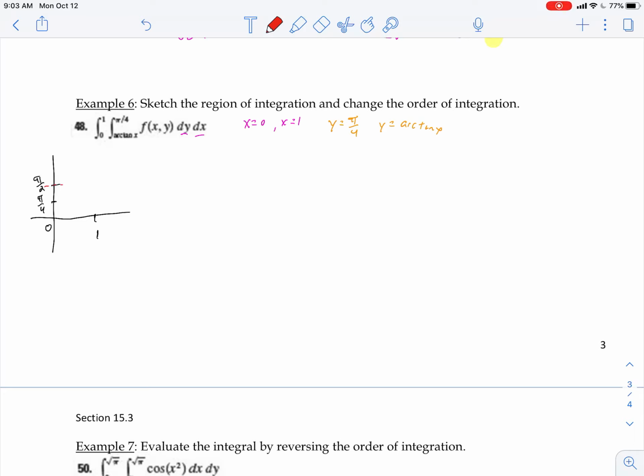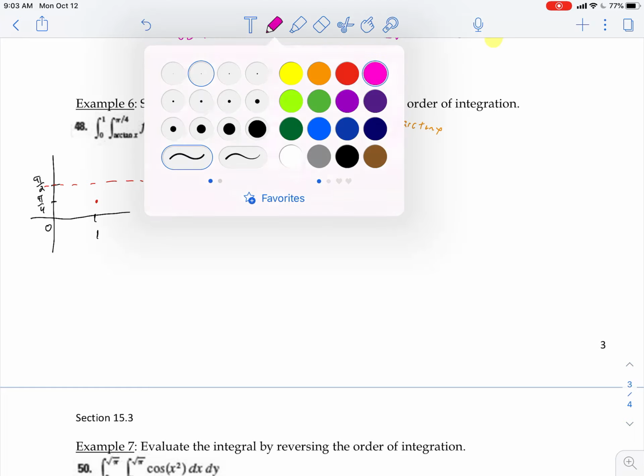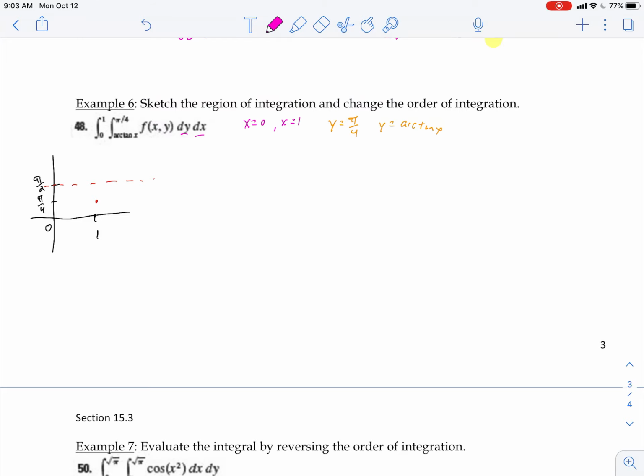Alright. I know it's going to intersect there. So I'm going to go ahead and draw that, draw it in orange. Try to draw that as best as I could.